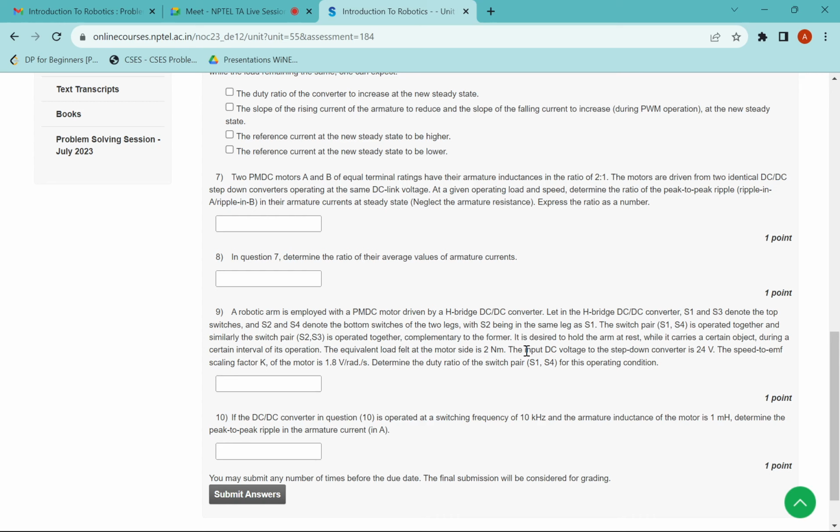You are correct. K is given, the input voltage is given, the load torque is given. You can find the armature current IA, but how can you find omega or RA to get the back EMF, so that we can calculate the average voltage? Then only can we find the duty ratio. I may be wrong in this.